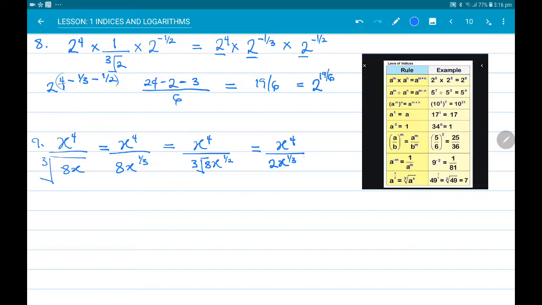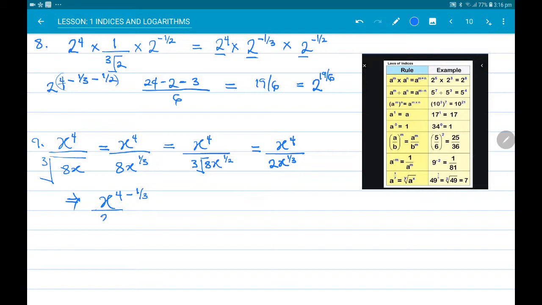Number 9. In a scenario where we have x raised to the power of 4 over the cube root of 8x. How do you handle this? This is equal to x raised to the power of 4 over 8x to the power of 1 over 3, because this is the cube root.